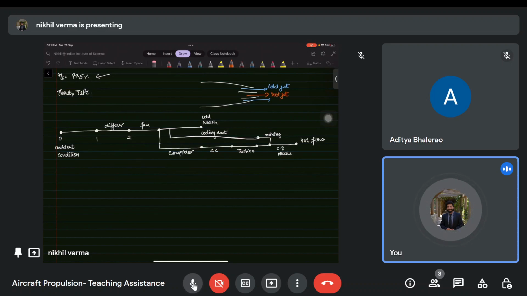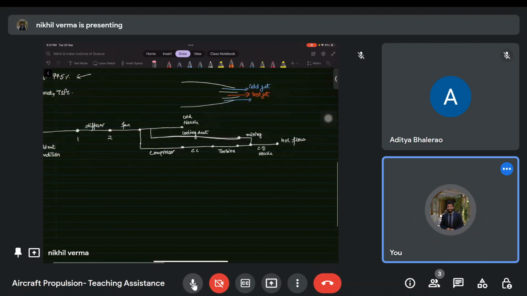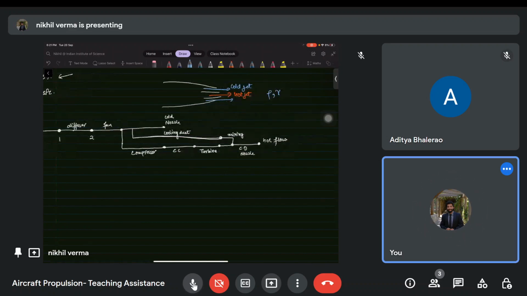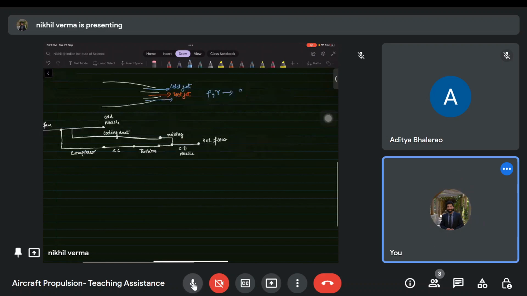So whenever you have a difference in the density or the velocity, you have something known as shear layer formation. In a shear layer, if you see closely, there are small vortices. In between, there will be a shear layer, and the vortices will be inside it.